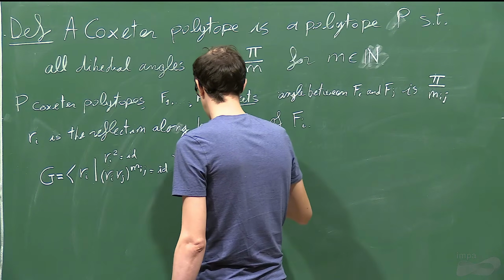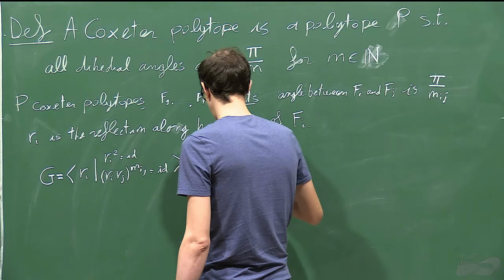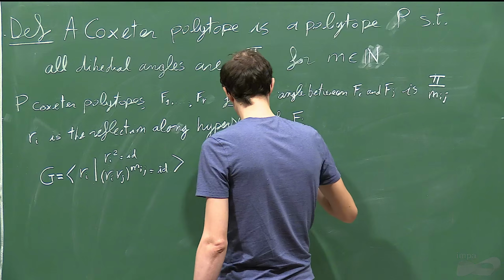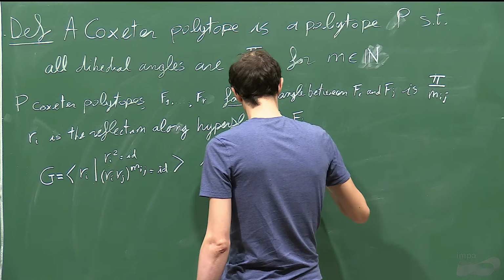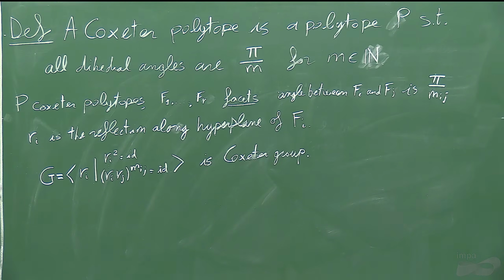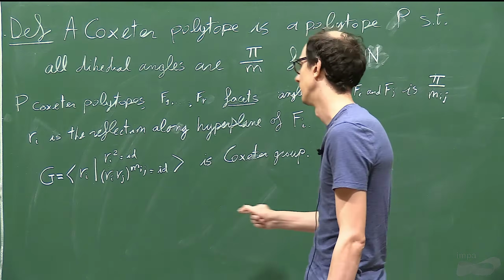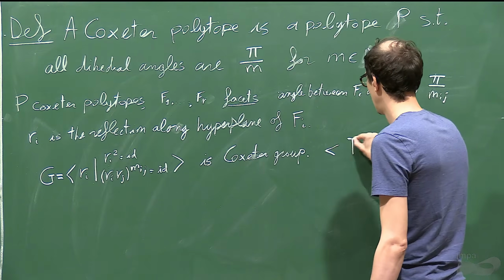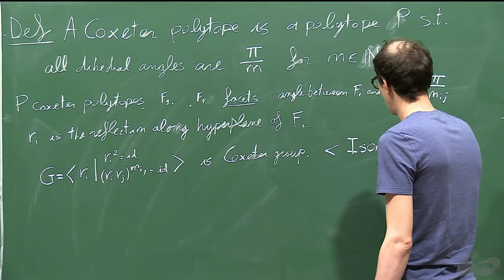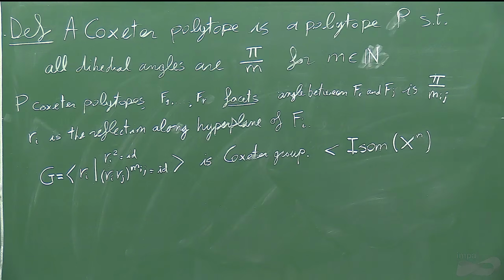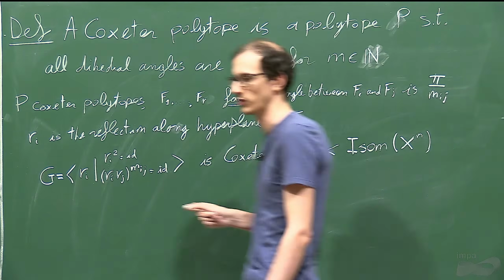This is called the Coxeter group, the one associated to the polytope, and it actually can be seen as a subgroup of the isometries of the space X, which soon is going to be the hyperbolic space if we want to consider hyperbolic polytopes.